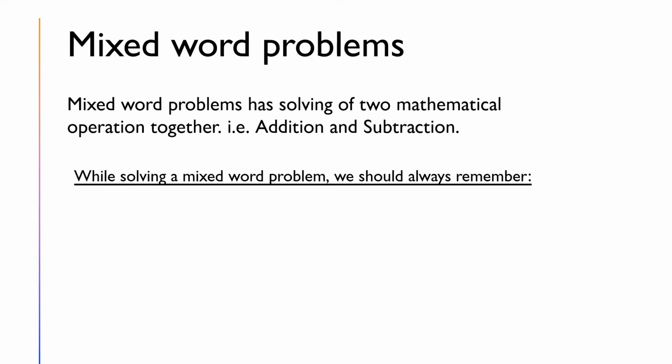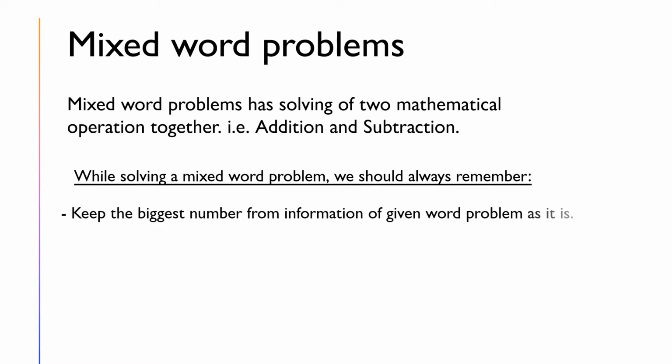While solving a mixed word problem, we should always remember: keep the biggest number from the information of the given word problem as it is. Then add the next two numbers from the information given.